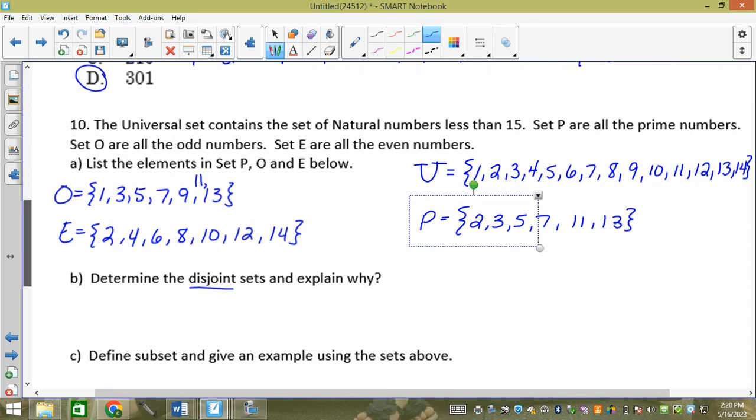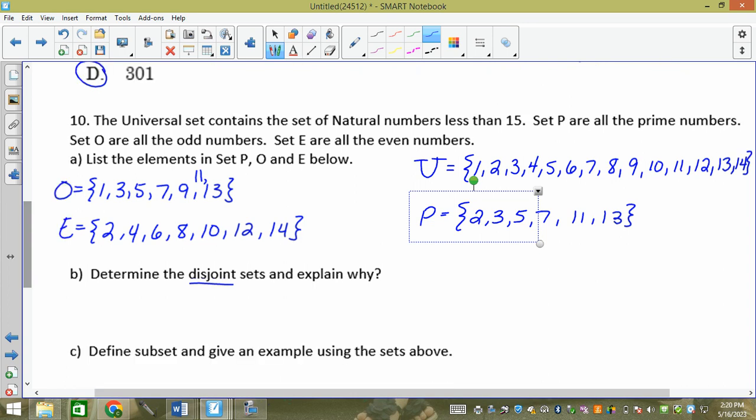You are right. So we wanted to determine the disjoint sets. What sets are disjoint here? O and E. Because if I do O and E, what do I get?